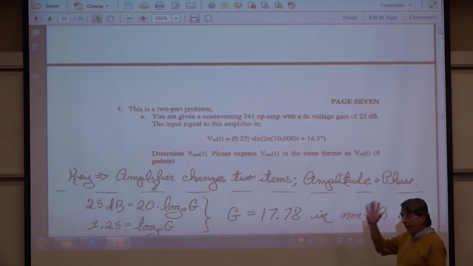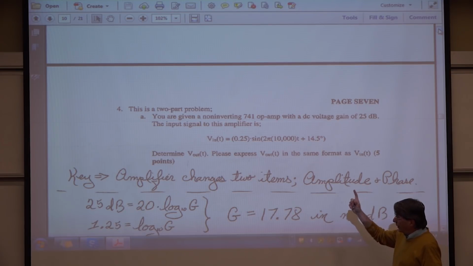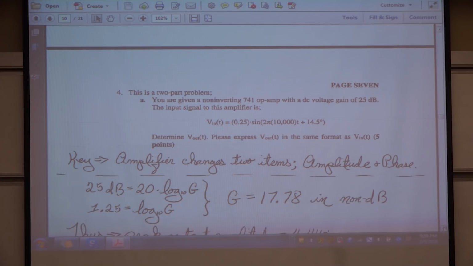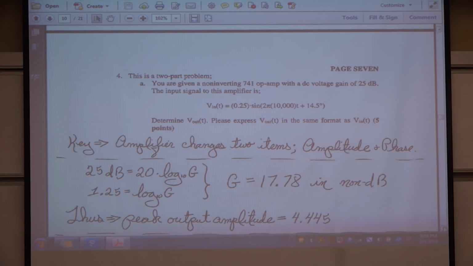So I say, okay, how do I figure this out? First thing I do, I get the gain in non-dB. I find it easier to get the gain in non-dB. So I have 25 dB equals 20 log to the base 10 of G. I solve for G, I get 17.78.